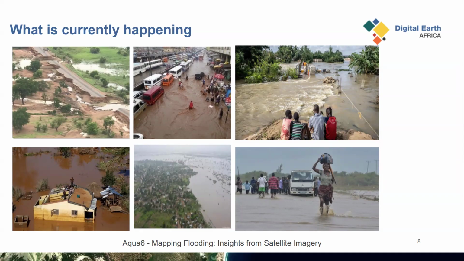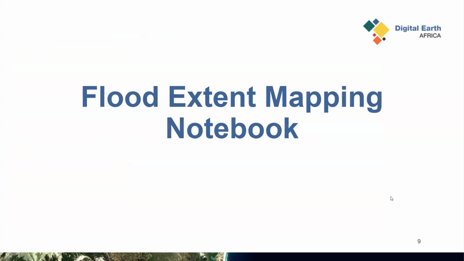This highlights that as this infrastructure is damaged, it may take millions to repair. So that's how we show that floods not only affect the economy, but they also affect people and their livelihoods as a whole.